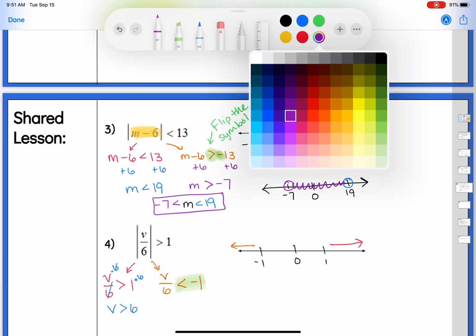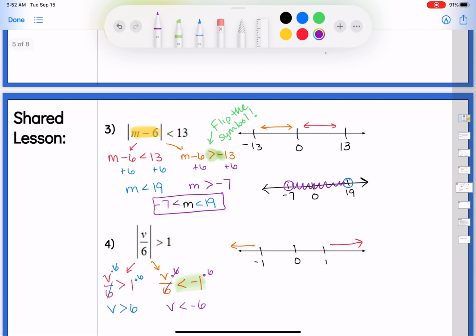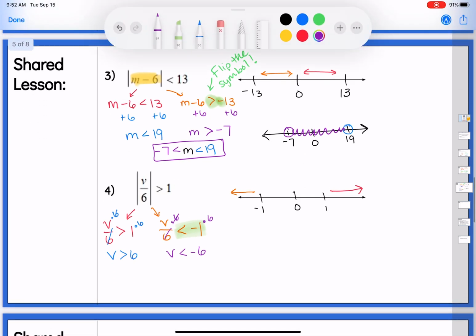And then on my other side, I'm going to multiply both sides by 6. Those will cancel out. I get v is less than negative 6. So I need to have v is less than negative 6 or v is greater than 6. Those are in different directions. So my compound inequality is going to look like, here, let me scooch it down, there we go.